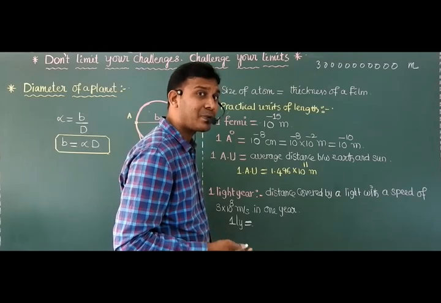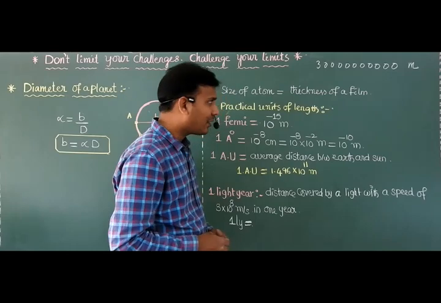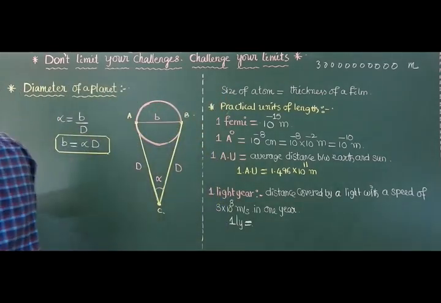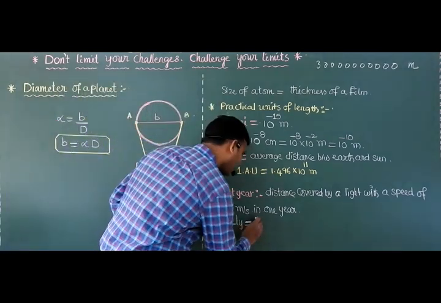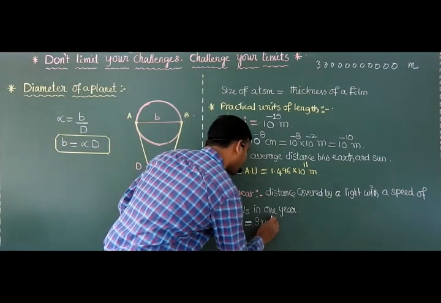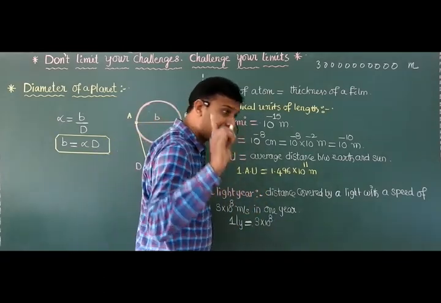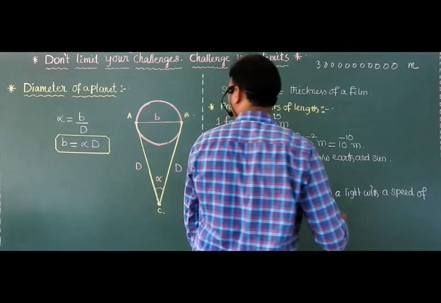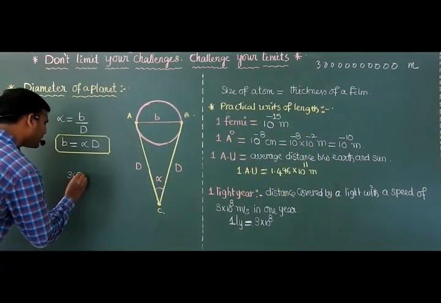Distance is equal to speed into time. I hope it is clear. So speed into time: speed is 3 into 10 raised to 8. Time is 1 year. 1 year is equal to 365 days.